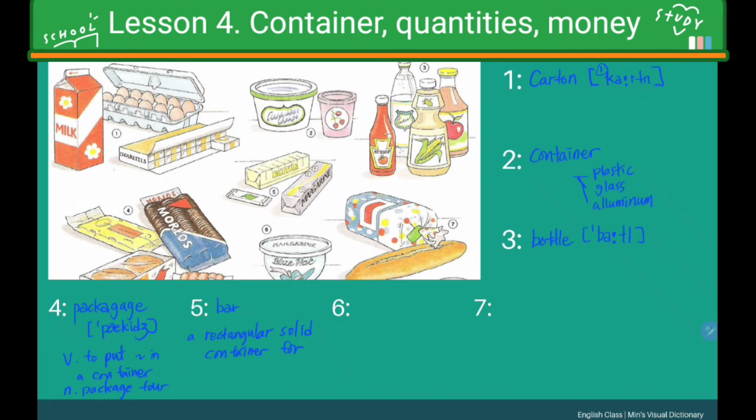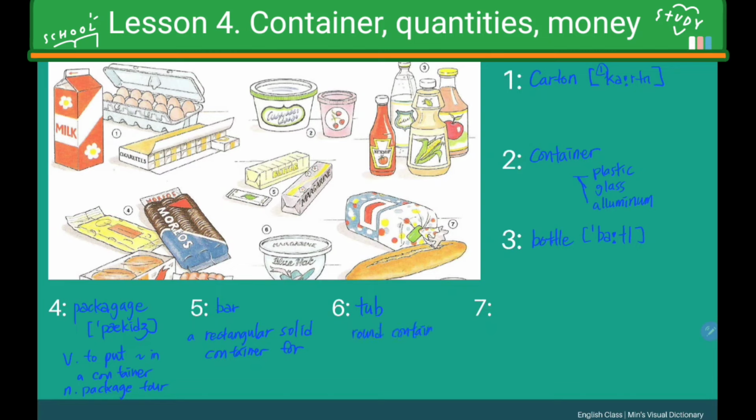Okay? And next, number 6, we have tub right there. Usually, we use this one to store. So it's a round container with wide opening to store liquid.